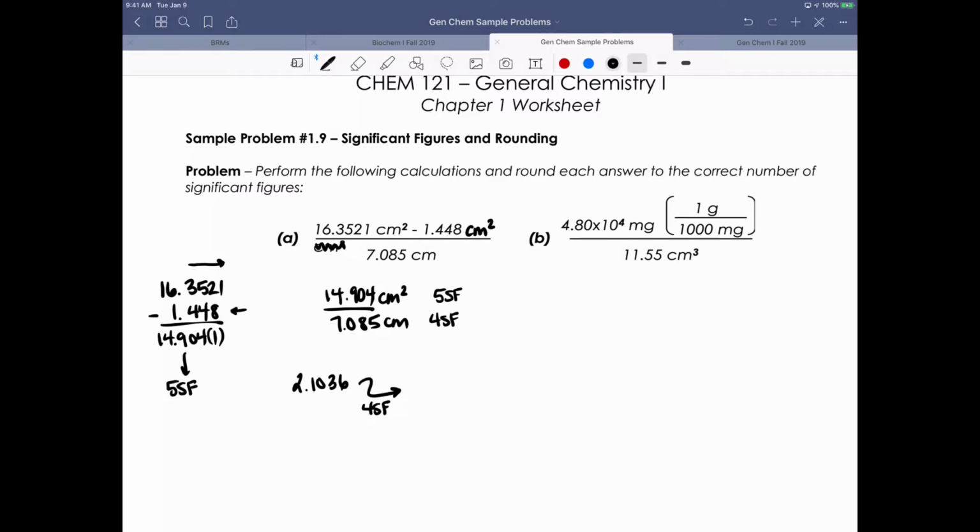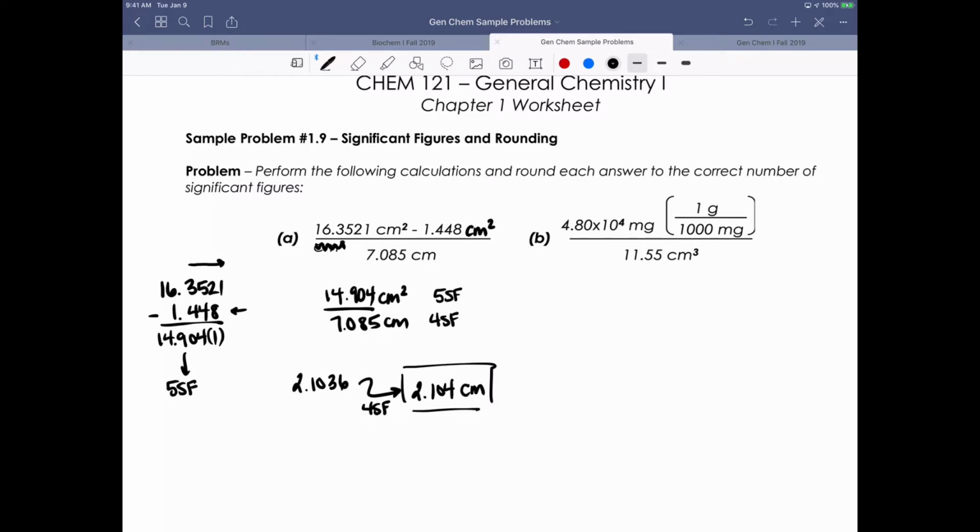I need to round to 4 significant digits, which means 2.104. Units are going to be centimeters squared divided by centimeters, which means we're left with a single centimeter for our final answer. Again, always box your final answer so we know where to find it.